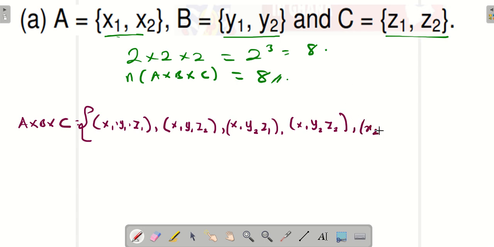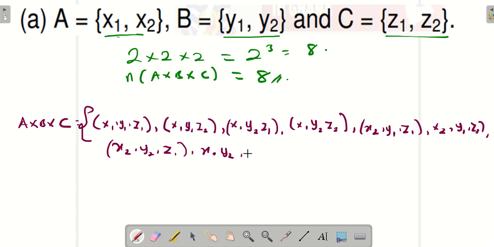So I have X2 going with Y1, then Z1, then X2 again, going with Y1, then Z2, then the same X2 again, going with this time Y2, then Z1, then finally X2 goes with Y2, then Z2.